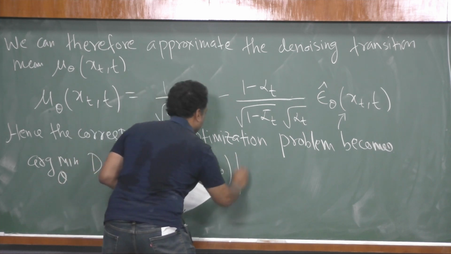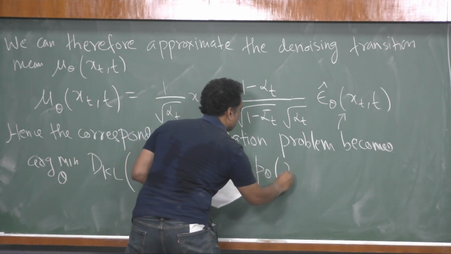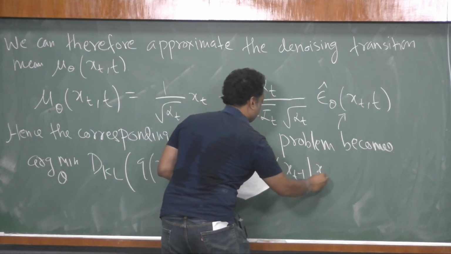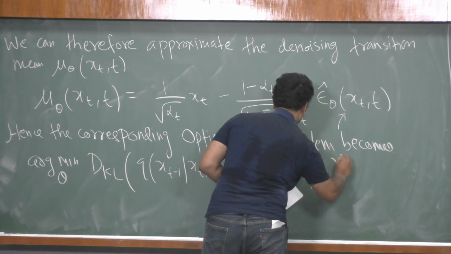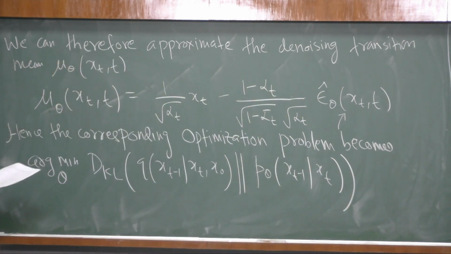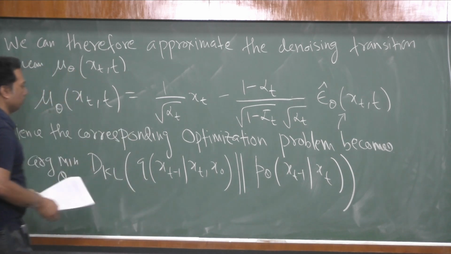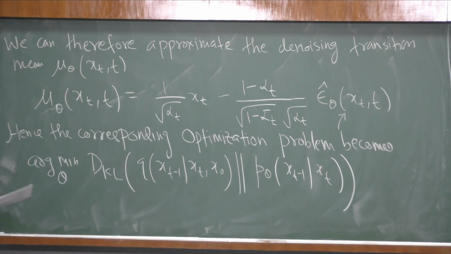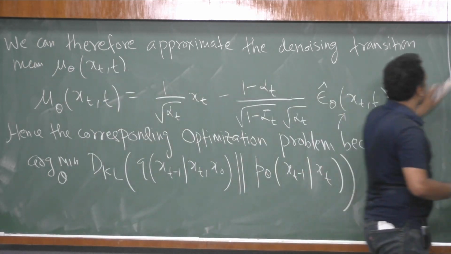This is the ground truth, and p theta is the one we want to predict. From xt we want to go to xt minus 1, we want to denoise, and with this choice of mu theta and mu q, we want to see what this KL divergence looks like.